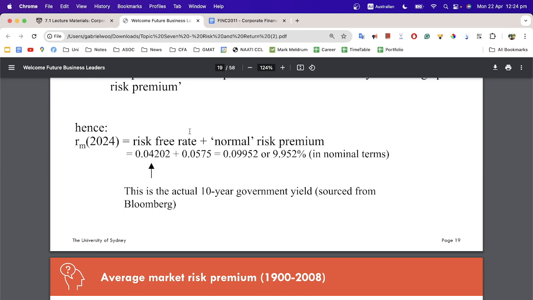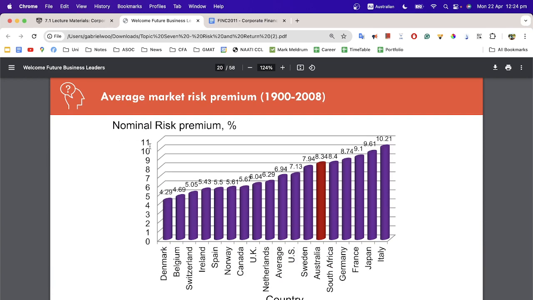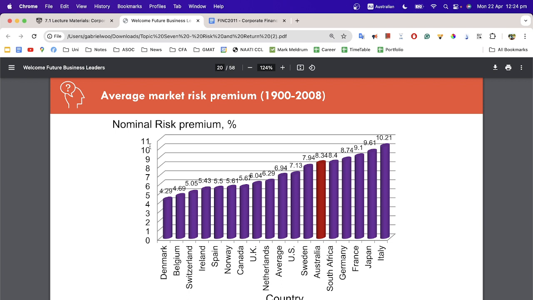Obviously, the risk-free rate is also different for each central bank, because they have the ability to set the risk-free rate, which is usually a long-term government bond rate. For example, the 10-year U.S. government treasuries or the 10-year Reserve Bank of Australia's bond yield would be considered a risk-free rate.